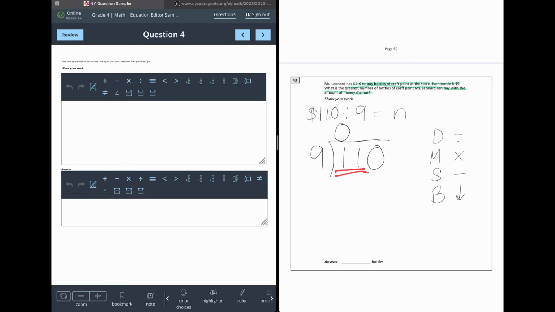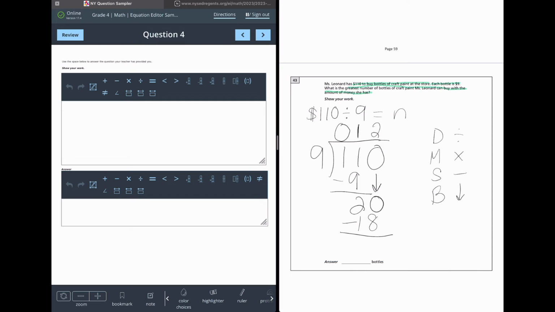All right, 11 divided by 9. Well, 9 goes into 11 one time, so that's divide. Multiply, 1 times 9 is 9. Subtract, and bring down the 0. And now I divide from here. 20 divided by 9. How many 9s go into 20? 9, 18, 27 is too high, so 2. 2 times 9 is 18.